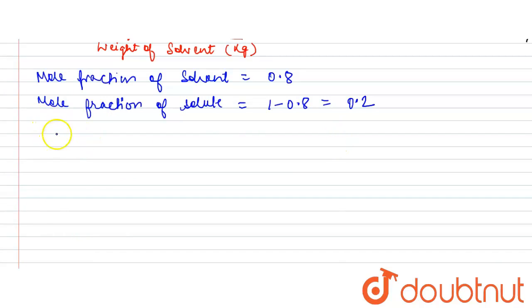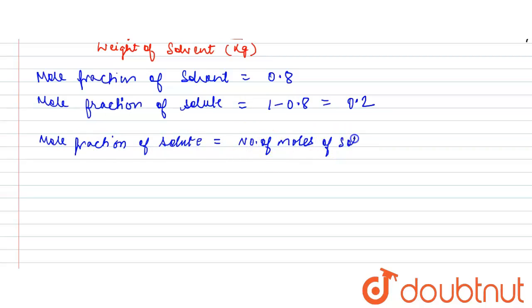So what is the ratio of these mole fractions going to give us? You know very well that the mole fraction of solute is equal to the number of moles of solute divided by the number of moles of solute plus the number of moles of solvent.